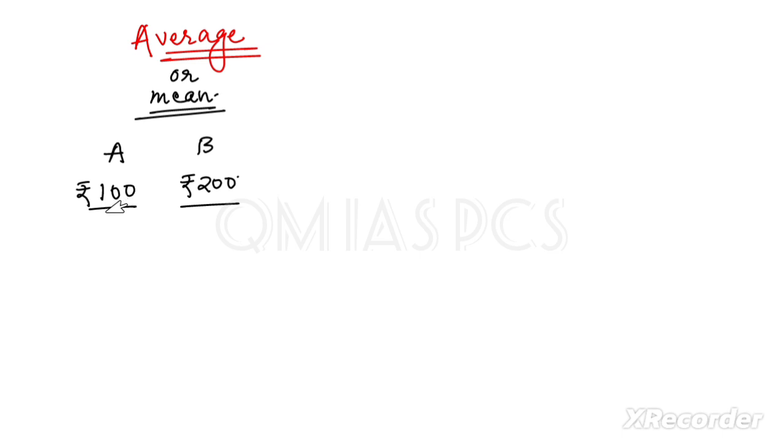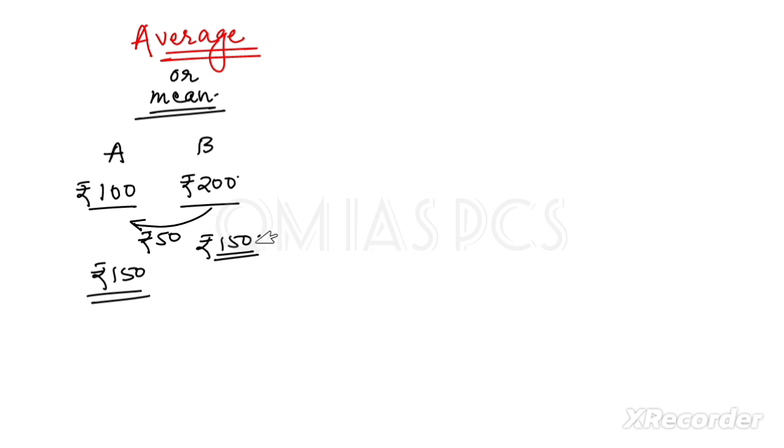But if they want to make an equal, average value, how can this be done? Person B can donate 50 rupees to A, so A will have 150 rupees, and B will have 150 rupees left. Now the value is equal, 150.